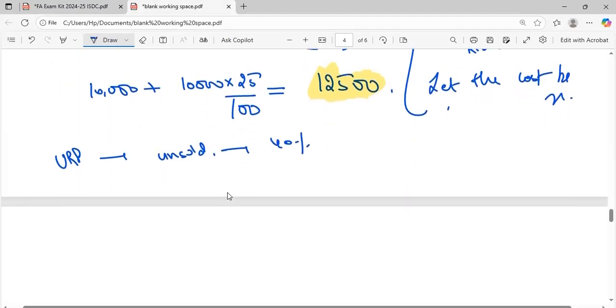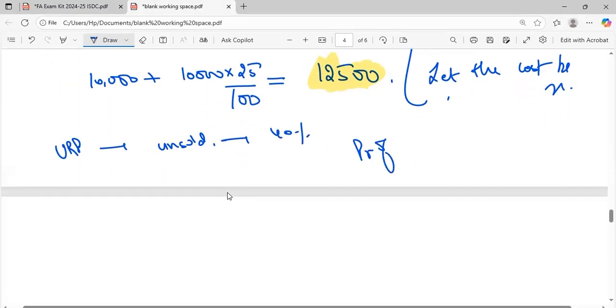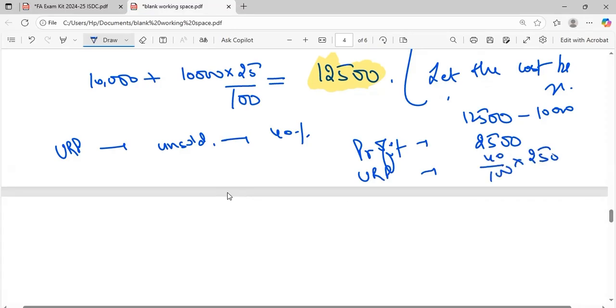First, tell me what is the profit figure. Profit is goods were sold for 12,500 and their cost was 10,000. So profit was 2,500. So my unrealized profit would be 40% of 2,500. Okay, because my unrealized profit only arises on unsold goods. Okay, so profit was 2,500. Calculate 40% of this. Let me do it.